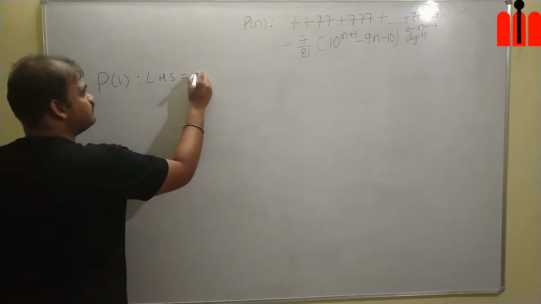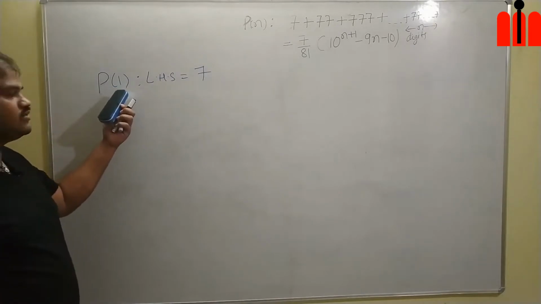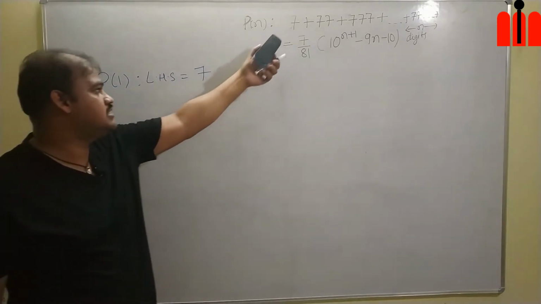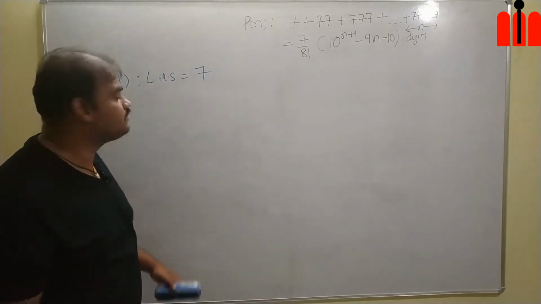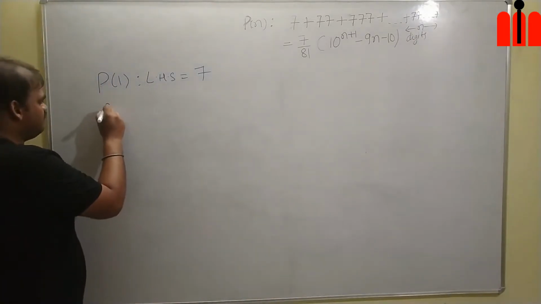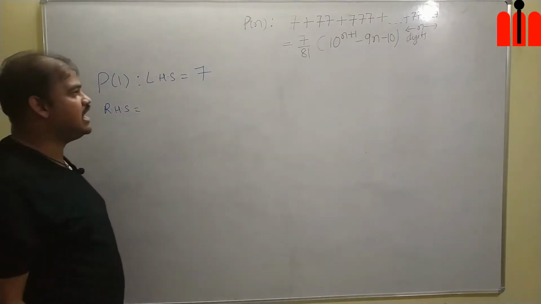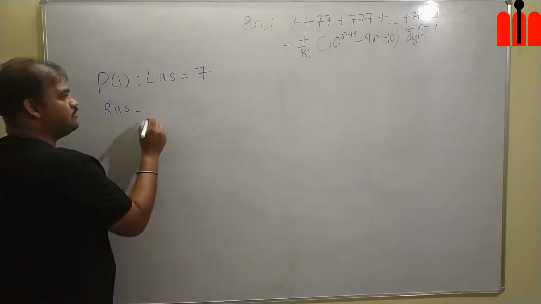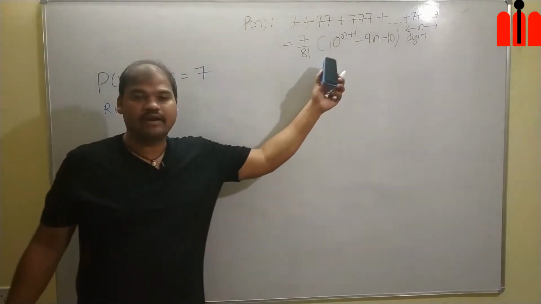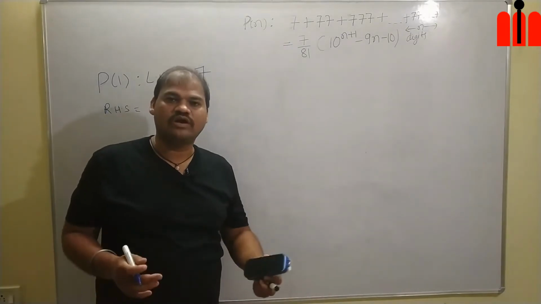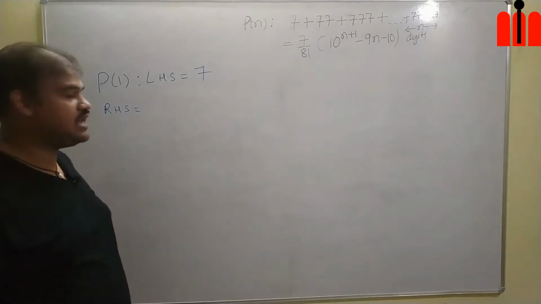My LHS will be 7, because it is one term. So one term is 7, right? So it will be 7. Now what will be my RHS? My RHS: I have to substitute 1 in place of n. That will be my RHS.